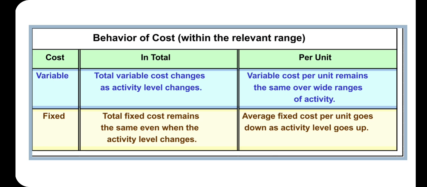But per unit variable cost remains the same over wide ranges of activity. Total fixed cost remains the same even when the activity level or quantity of production changes. And then per unit fixed cost, or average fixed cost, goes down as activity or quantity of production goes up.